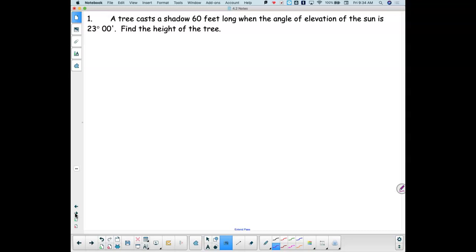I start all of these problems by drawing myself a right triangle, because all of these problems are going to be solved using a right triangle. Doesn't matter which way your orientation is.